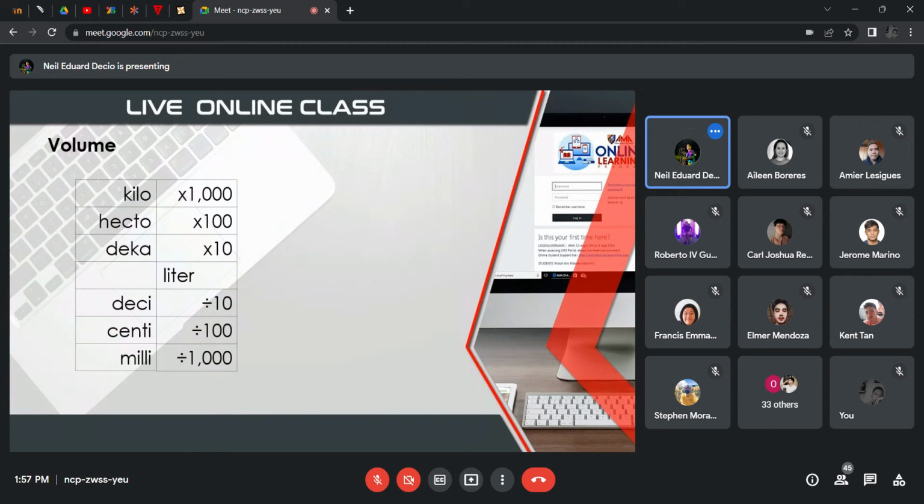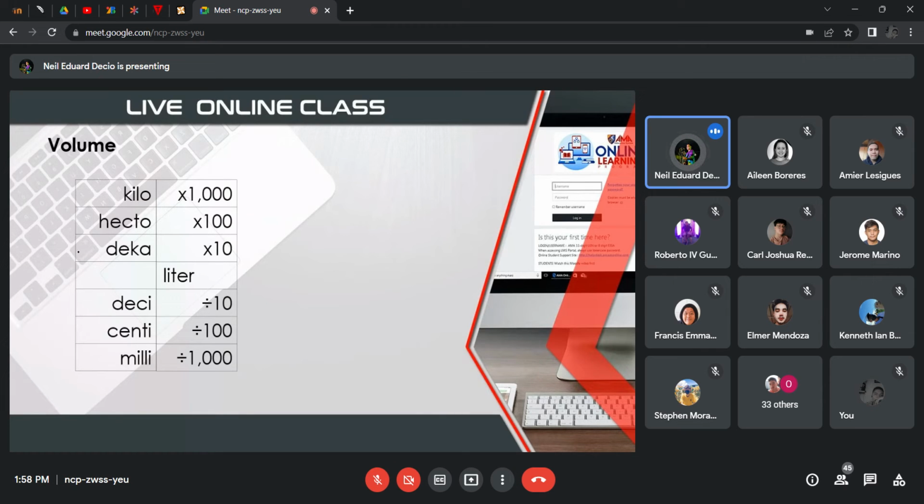But again, hindi ito lahat common na ginagamit natin for today's society, right? So what are the common units lang na ginagamit natin for volume na nakikita nyo dito? So of course, liter. Nagagamit natin yung liter and milliliter. So yun lang yung common na ginagamit natin, di ba? Napaka konti ng instances that we hear decaliter, hectoliter, kiloliter, deciliter.